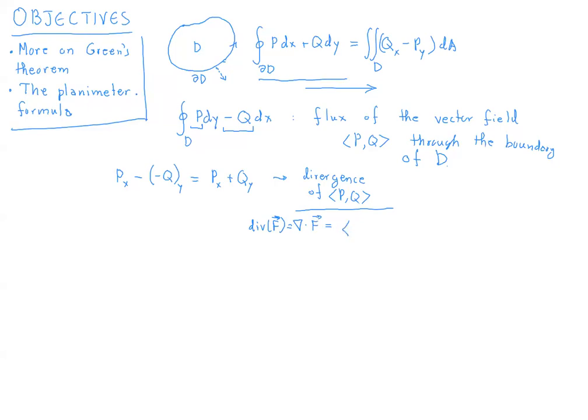Formally speaking, the gradient operator is an operator that can be written in vector form, and it has the partial differentiations as its components. If we dot this with the vector field PQ, what we get amounts to multiplying the differentiation with respect to x by P, which means differentiate P with respect to x, plus Q with respect to y. And that's what we get.